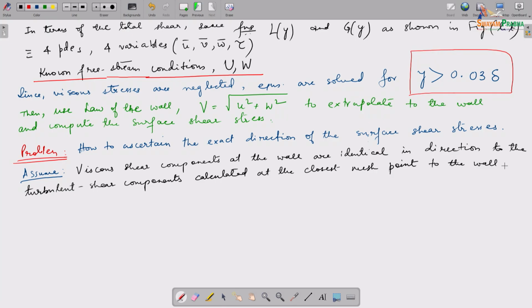Okay, so the viscous shear components, we take them to be identical in direction to the turbulent shear components calculated at the closest mesh point to the wall. So that is what is assumed.